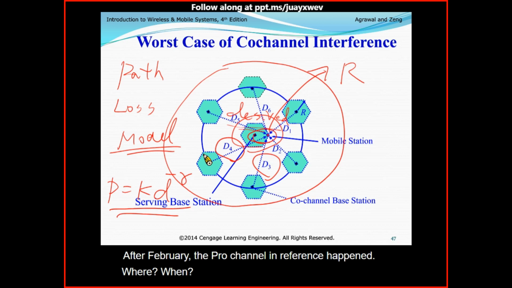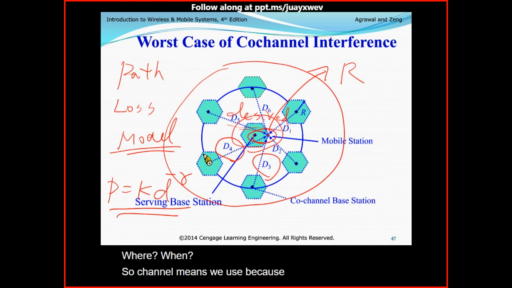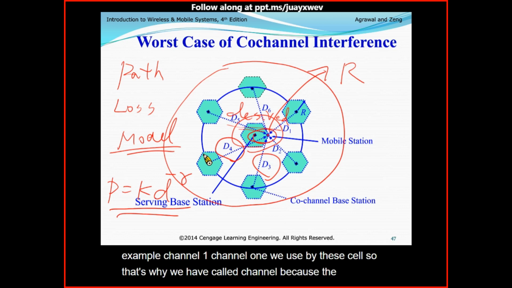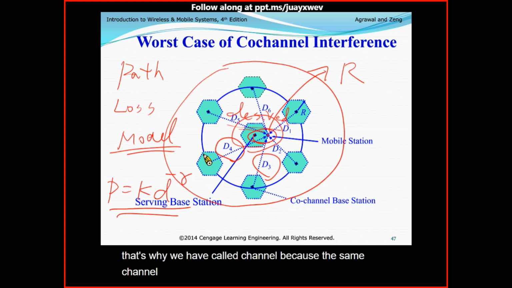Cochannel means reuse because we reuse. Here, for example, channel 1. Channel 1 is reused by this cell. So that's why we have cochannel, because the same channel is utilized again by the other cell, the other base station.